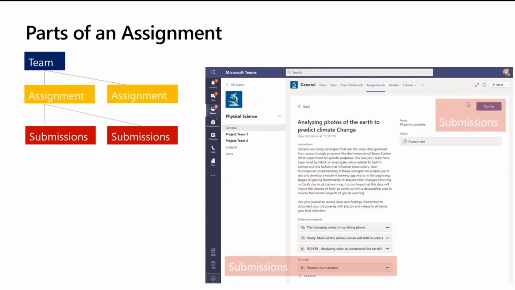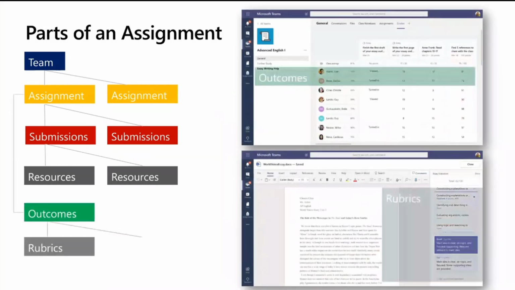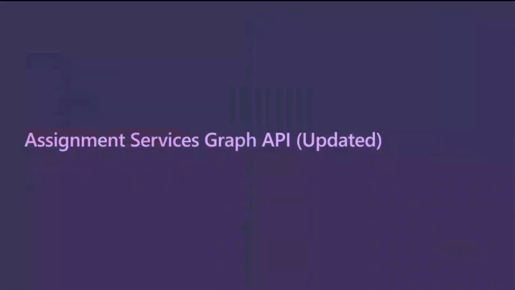So a submission would be basically work the student will do to submit back to the teacher for grading. In addition to that, they also have resources. So resources are basically supporting materials. It could be a URL link or a PowerPoint deck and so forth. And the last thing, of course, after submission, you get outcomes, and the outcomes are grading and our rubric stuff. So that's a high level overview of the functionality.